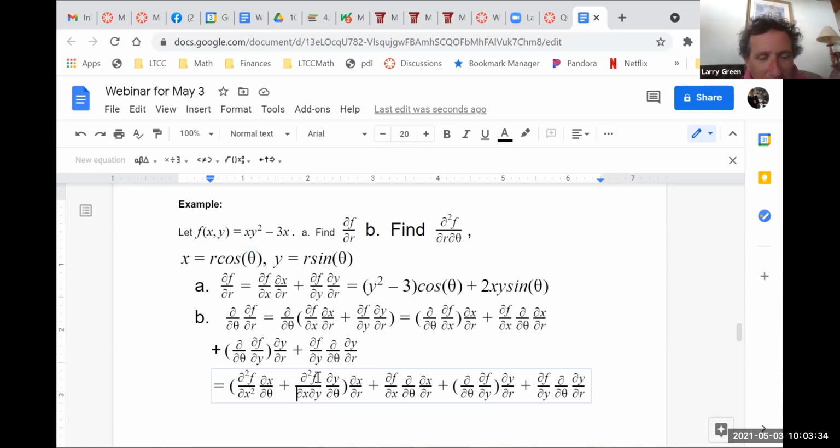So then del squared f over del x del y, you take the derivative with respect to x and then the derivative with respect to y, and that is going to be 2y. So this guy is a 2y. This del y del theta is, again, y is r sine theta, so del y del theta is r cosine theta. And then del x del r, x is r cosine theta, so that'll be just cosine theta.